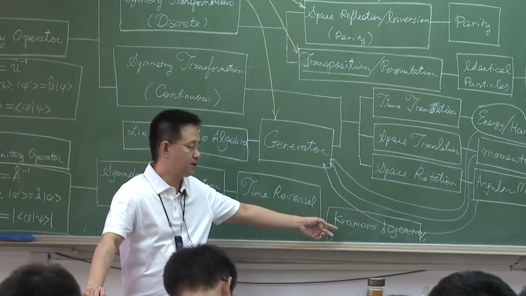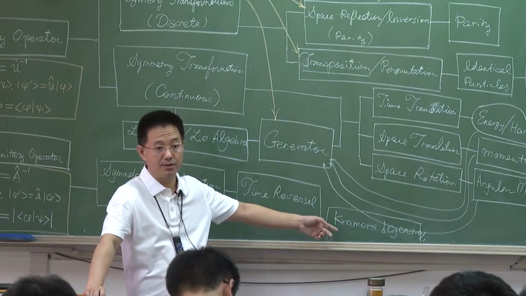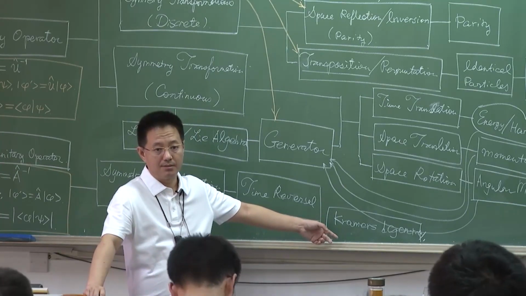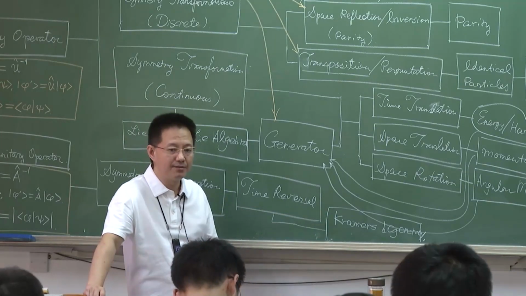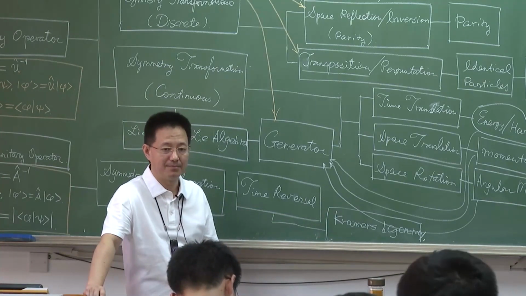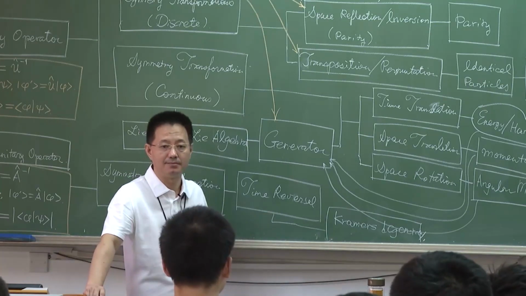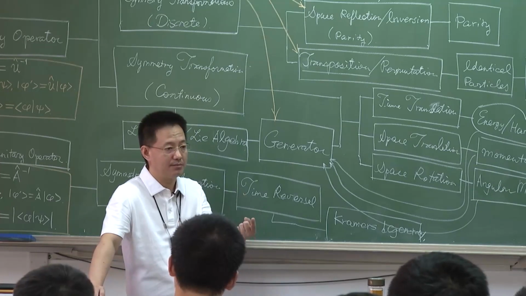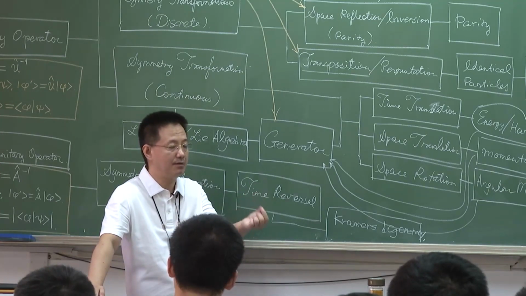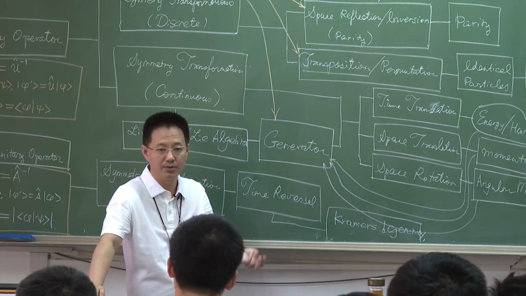And Kramers degeneracy is a very special degeneracy that exists for some half-integer spin systems. For example, for the hydrogen atom, you have only one electron. For the one electron, that means the system is half-integer spin, right? Because the spin is only 1/2.